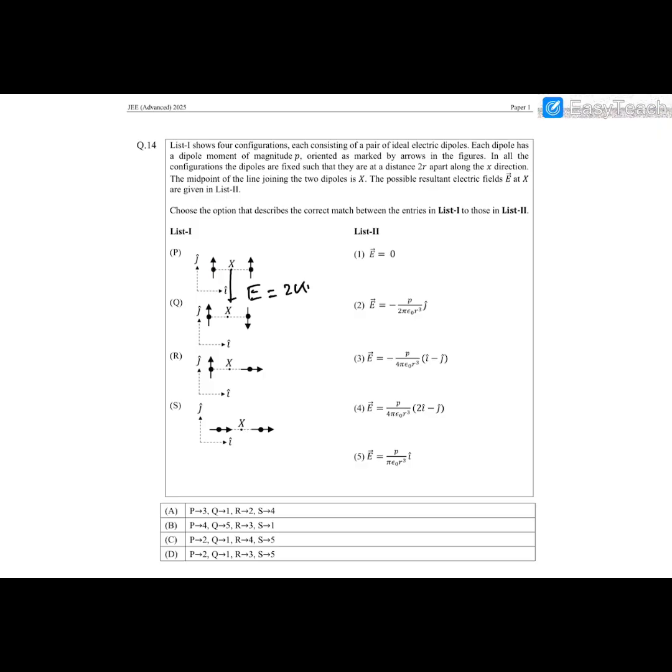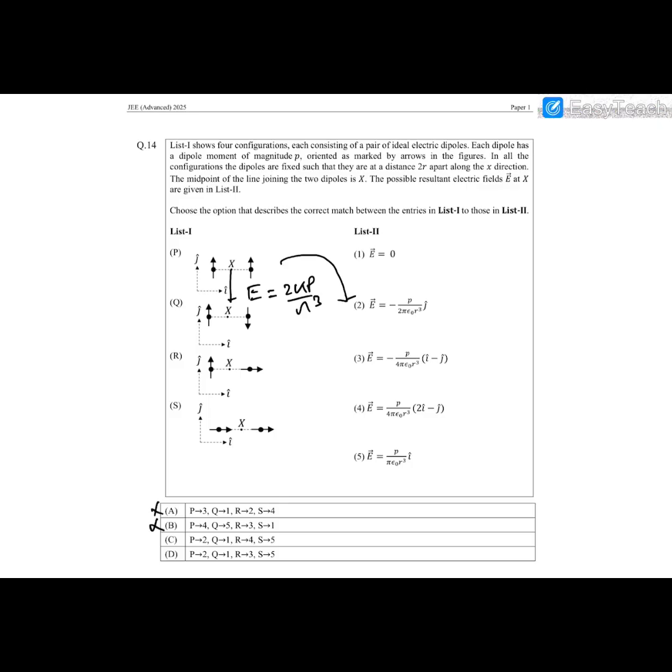So it would be 2kp by r cube and the direction will be minus j cap. So the electric field will be represented by option number 2. So P matches with 2. So for the first option, we know that A and B will be incorrect.